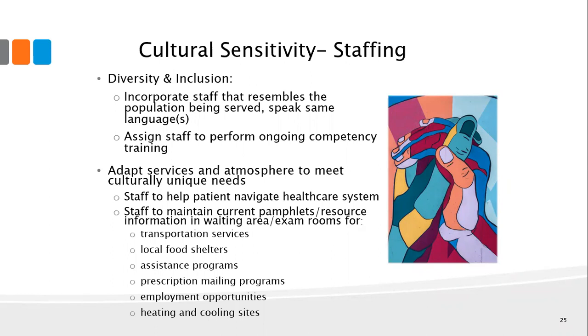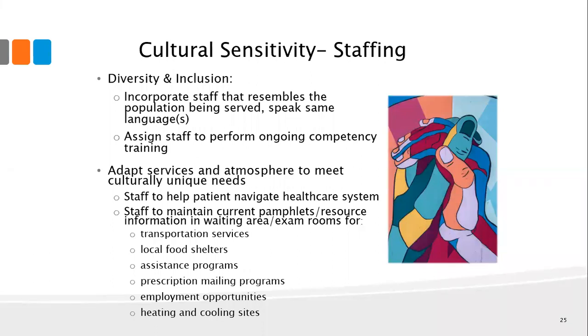And also it is important to have translators too, because even if mom brought a friend or like the oldest child, a translator still lets mom have the control. And it's important to assign staff to perform ongoing competency training and to adapt services and atmosphere that can meet culturally unique needs.